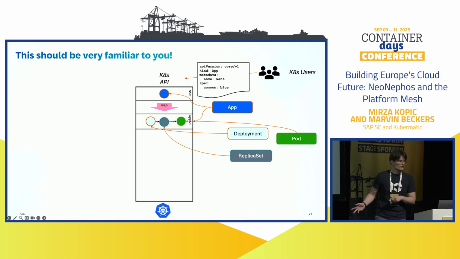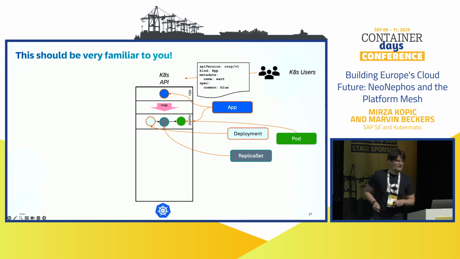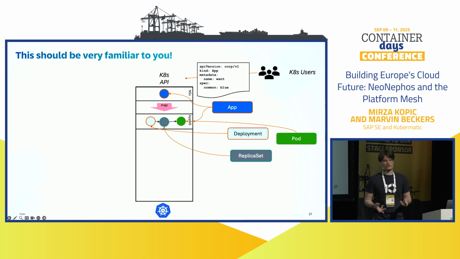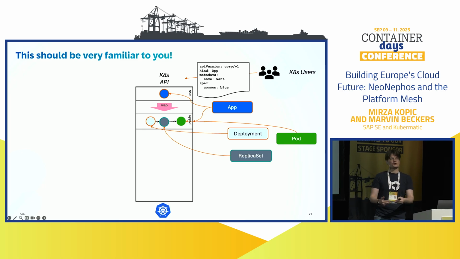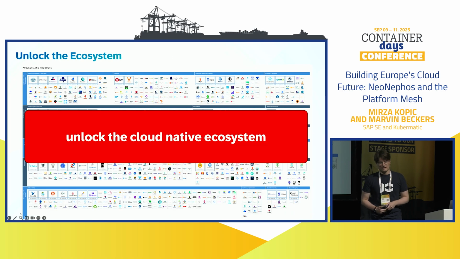And this should be very familiar to you, because this is the Kubernetes model essentially. Someone creates an operator, that operator runs the deployment in a namespace, and that creates replica sets and pods. This is the Kubernetes model extended to a service-based architecture.